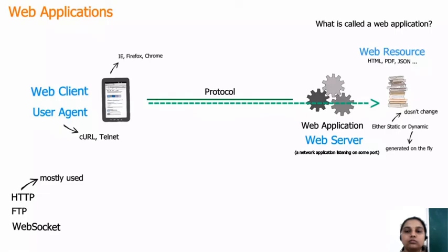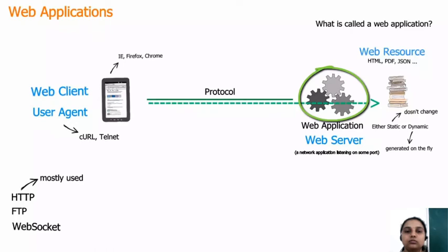When a request for a dynamic resource comes from a web client, the web server builds the resource on the fly. For example, suppose a web server has a resource which embeds the current time, either in a JSON or XML document or an HTML page.